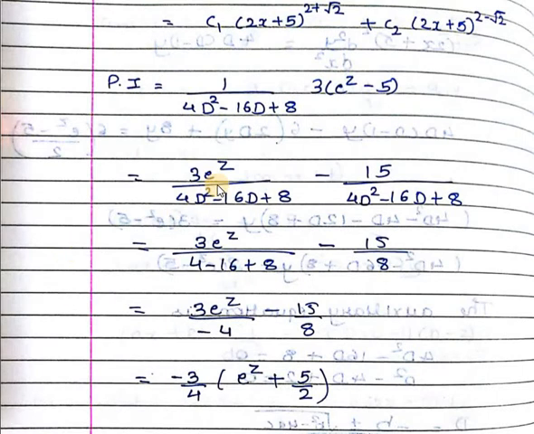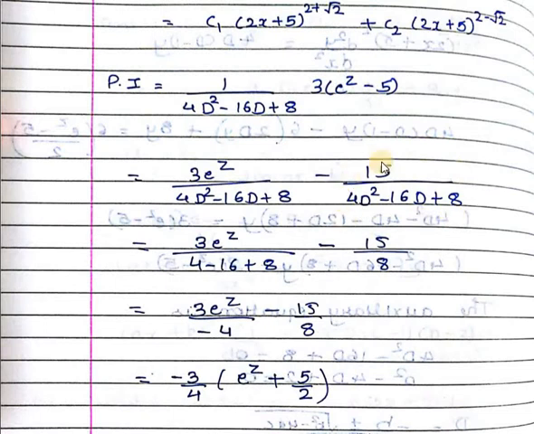Now here, using case 1 of PI, we will have to replace D by a. Here the value of a is 1, so we will replace D by 1. So here it will be 3e^z/(4 − 16 + 8), and here this can be written as 15 into e^(0z).